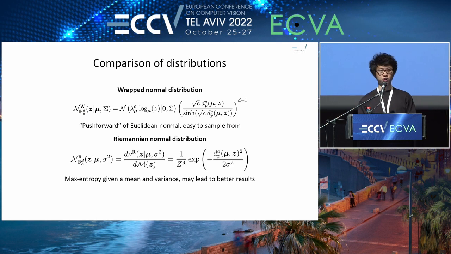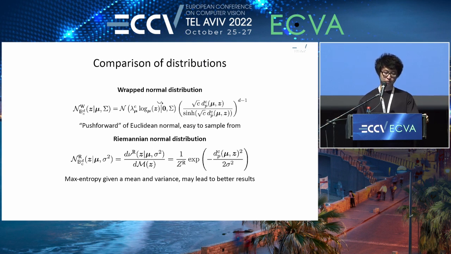Recall that the exponential map takes Euclidean vectors and maps them into elements on hyperbolic space. That induces a probability measure on hyperbolic space, mathematically called the push forward of the Euclidean normal distribution. And it turns out that this is easy to sample from.